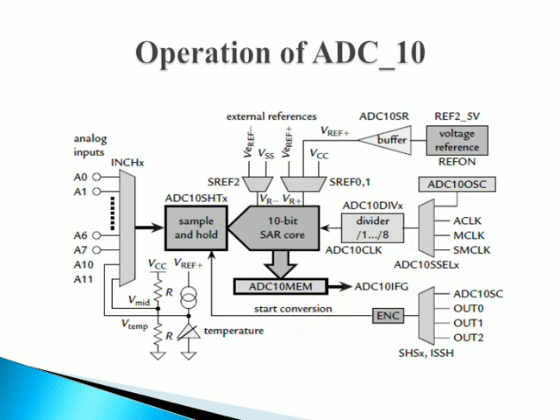This must be within the range of 0.45 to 6.3 megahertz, and the frequency of the clock can be divided by 2, 3, up to 8 by configuring. The output of the divider is labeled ADC10CLK, and it feeds both the SAR core and the sample and hold blocks.